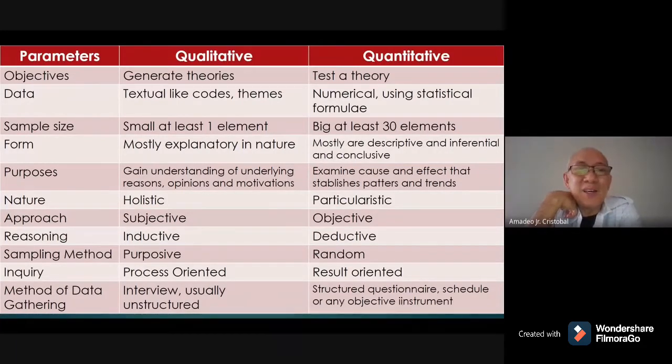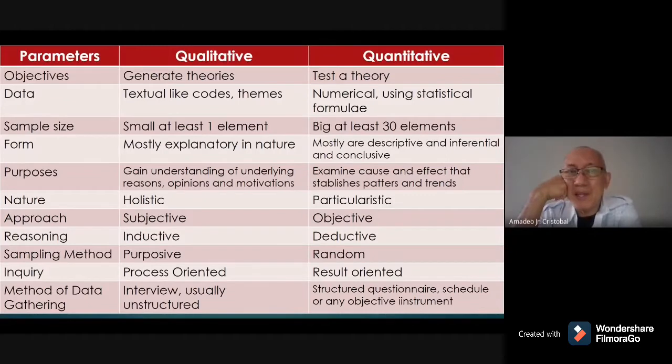Another one, when we speak about data, because when you go to the results, in part 3 of your research, you are going to present your data. Then your data will also be analyzed and interpreted. And in chapter 4, which is called the discussion, you are going to discuss the analysis of your data.